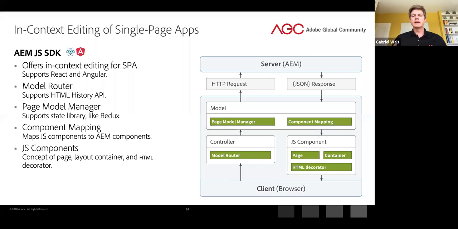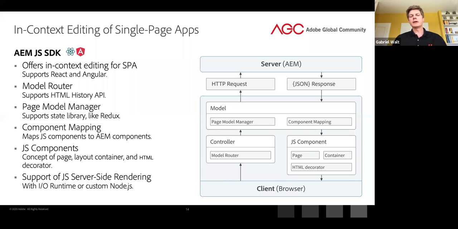And finally, we do have server-side rendering capability for AEM that can delegate the rendering either to the IO runtime or to a Node.js instance, so that you can still have a single page application that also has server-side rendering. So you can really mix and match both.